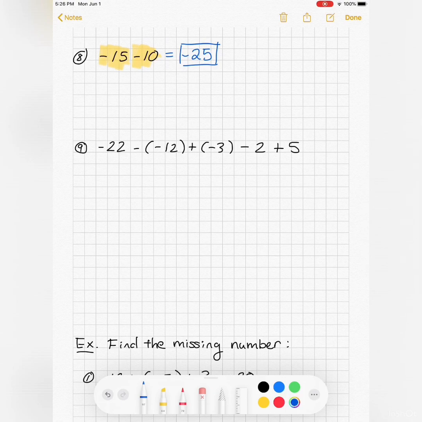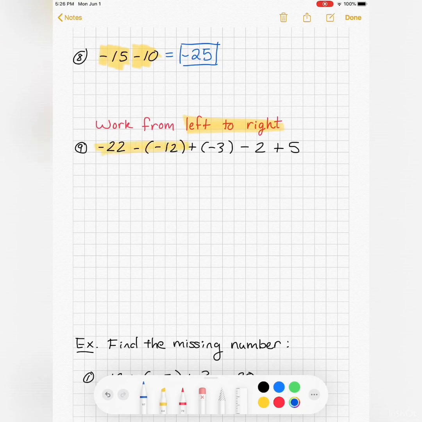Okay, when I have more than just 2 terms, I'm going to work from left to right. So I'm going to look at these first two terms. I'm going to group those together.